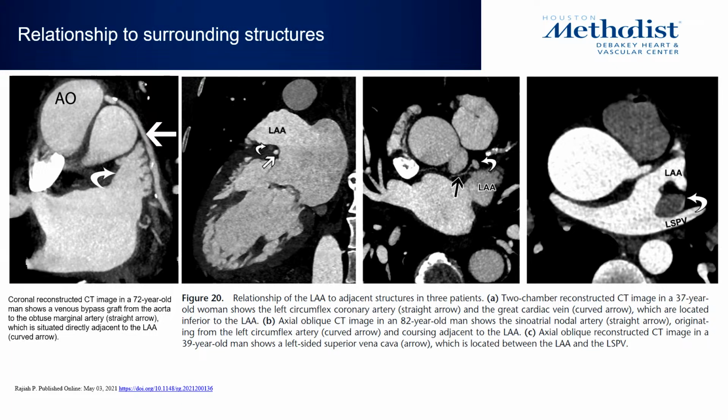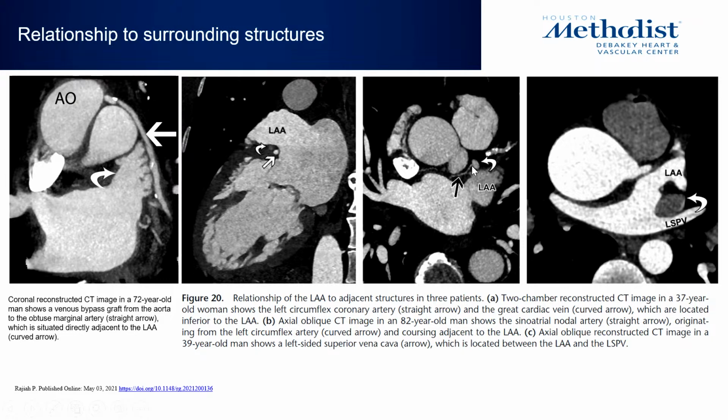So this slide highlights how CT can be helpful in understanding the surrounding anatomy. The first image shows a venous graft to the obtuse marginal branch, and how closely it courses to the left atrial appendage. The second one highlights the relationship of the left circumflex artery and the great cardiac vein to the left atrial appendage.